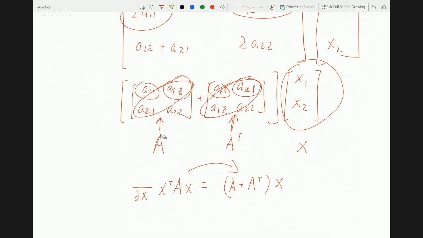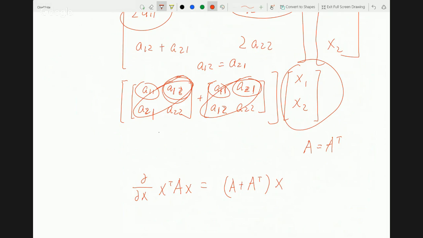Now, there's another trick. The previous one is for all cases. But what if, for a very special case, A is equal to A transpose? What I mean is, right now there is A12. What if that is equal to A21?